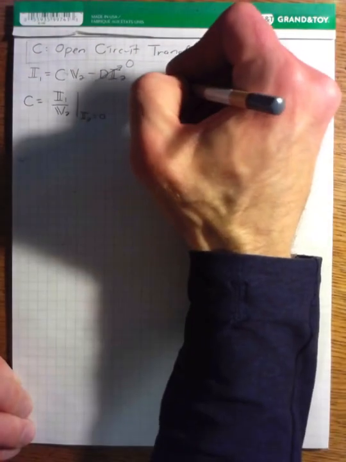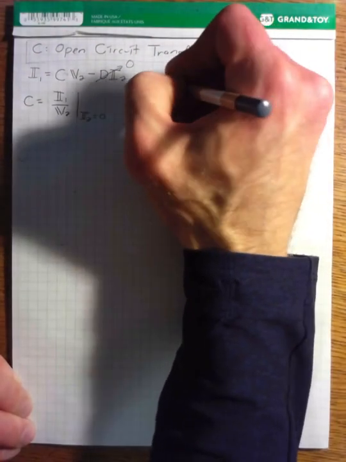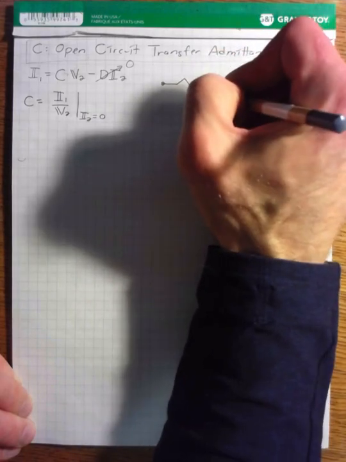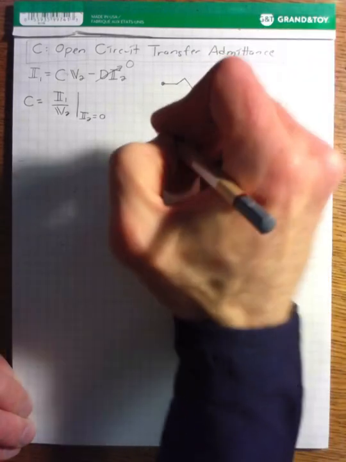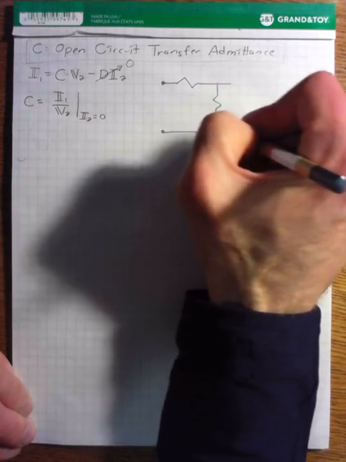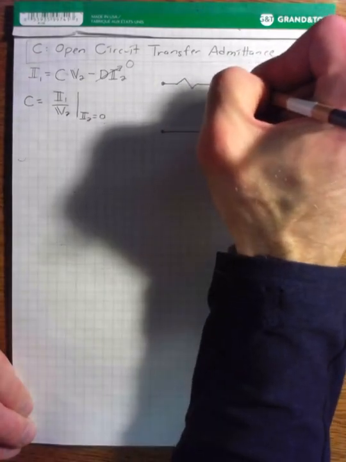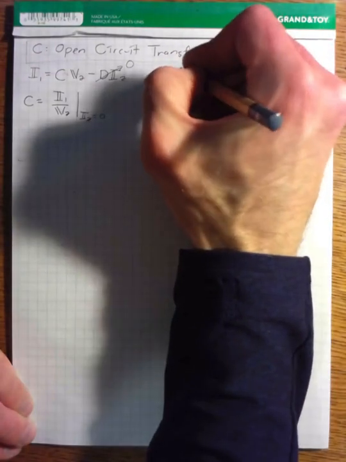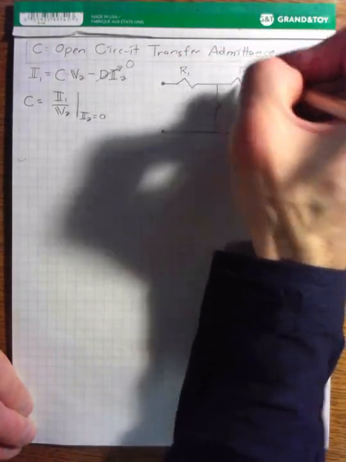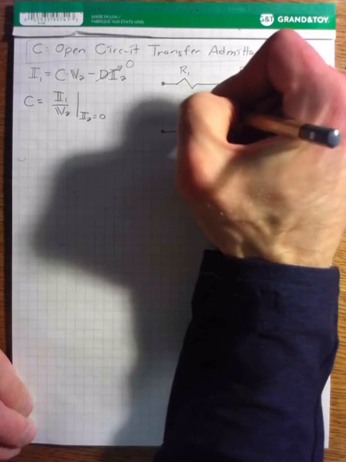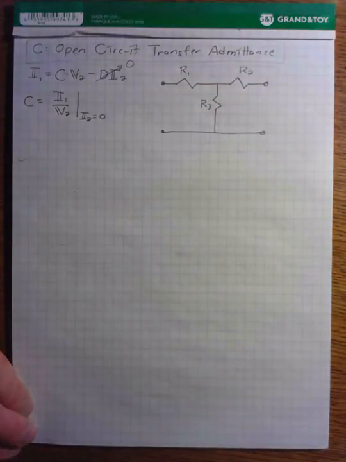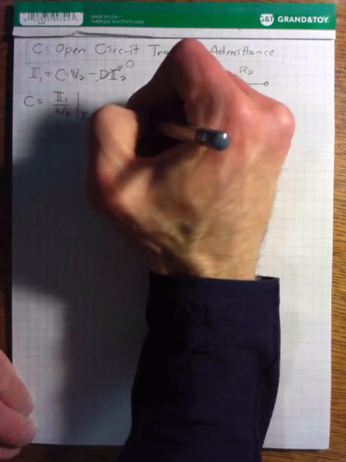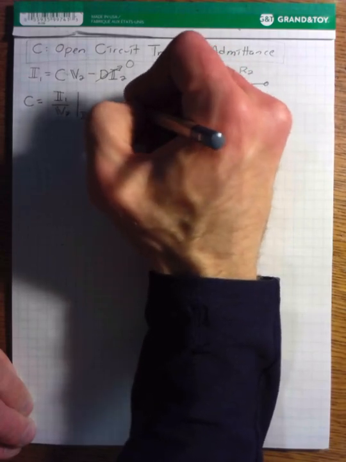And so this looks a lot like the A parameter, right? This is the same sort of conditions, except we're solving for something a little bit different. R1, R2, and R3. We have our voltage source V1.